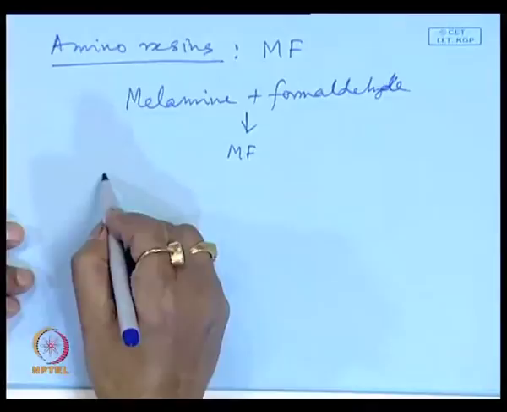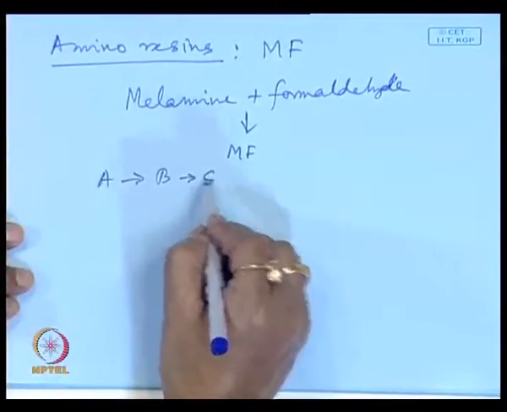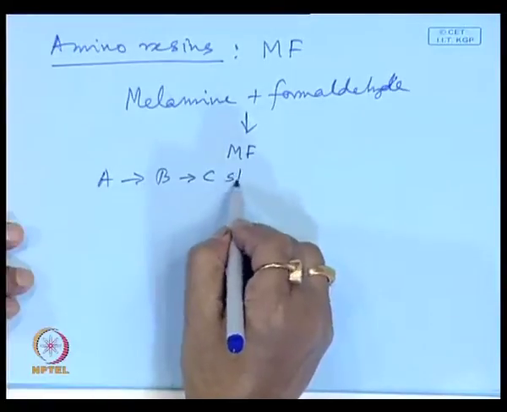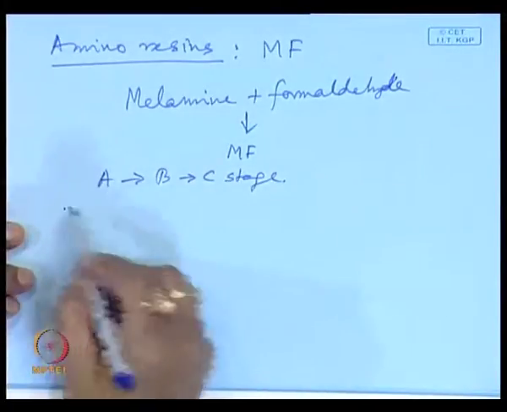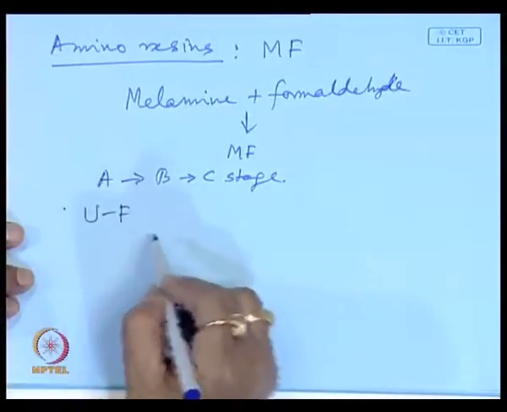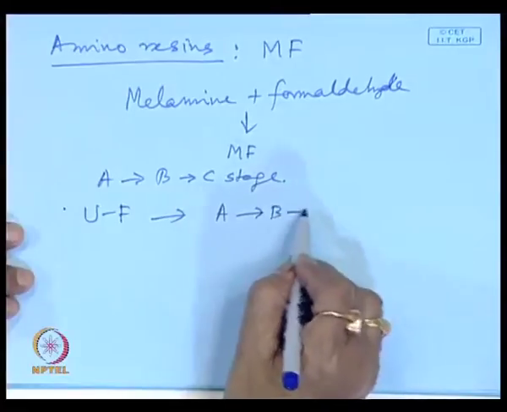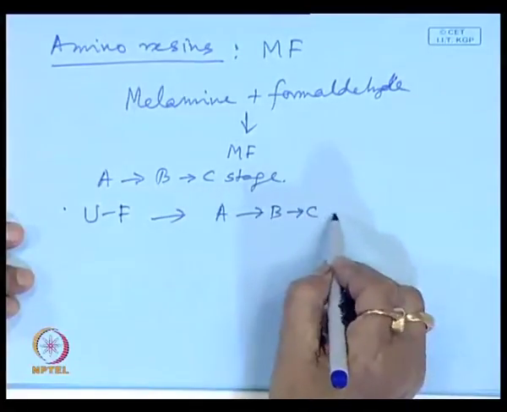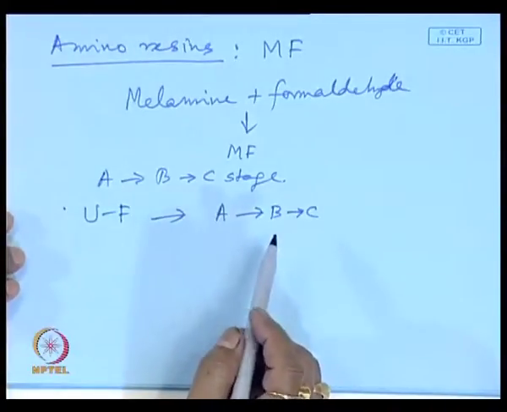It also passes through A to B to C. Similarly, urea formaldehyde also leads from A to B to C stage. So, all these lead to a cross-linked polymer structure at the end.